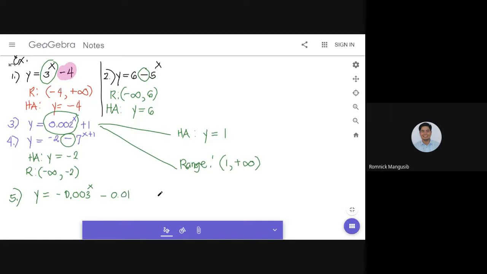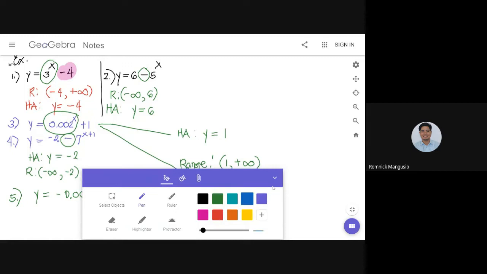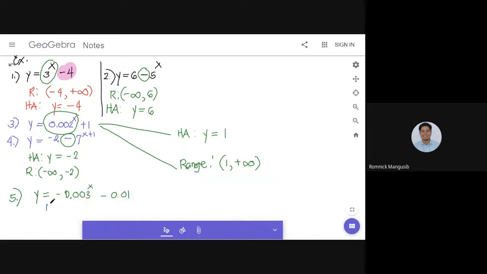So pag ganito naman ang given at kapansin-pansin yung negative sign, the negative symbol indicates that the range infinitely decreases and that is less than negative 0.01. Okay? Because of this symbol, negative. And so the horizontal asymptote now is y equals negative 0.01.